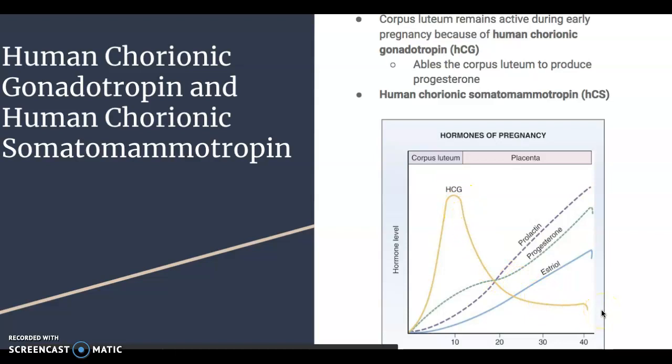That's because the placenta has taken over the progesterone production at this point. Then we get into HCS, which is related to growth hormone and prolactin. It has the ability to alter the mother's glucose and fatty acid metabolism in order to support fetal growth.